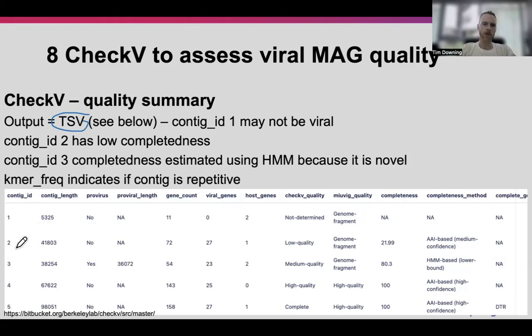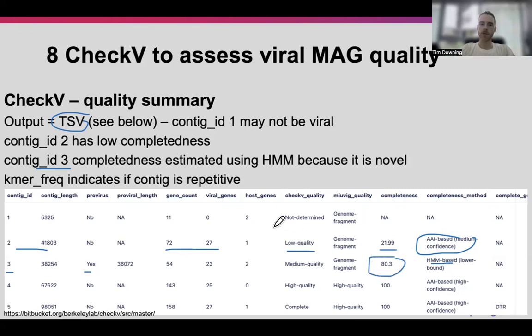You see here for contig 2, which is 42 kb, it has low completeness, so it's a mixture of host and virus genomes. It's low quality, and it's not very complete. And this is based on amino acid information that is present. Contig 3 is novel, so this contig is a provirus, and it's based on HMMs to predict how complete it is.